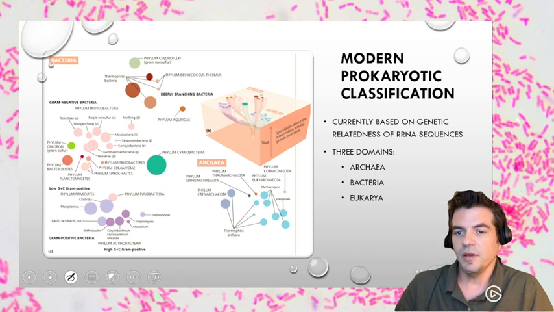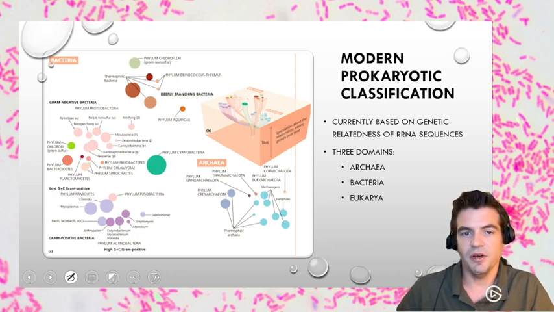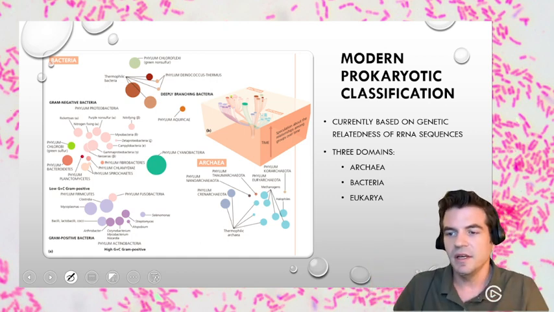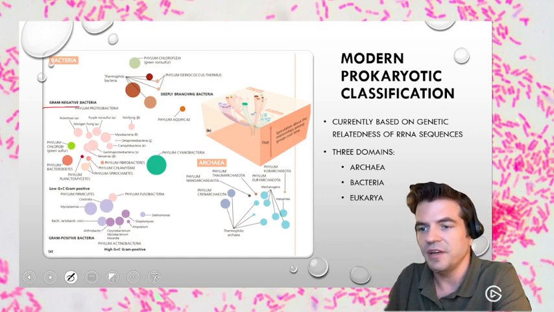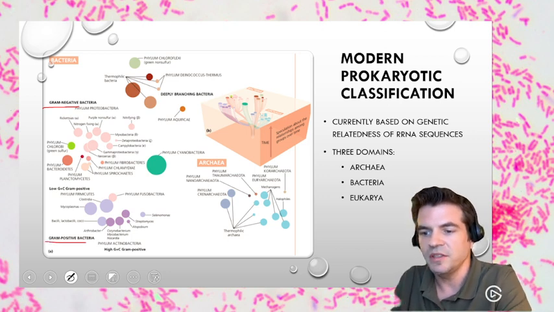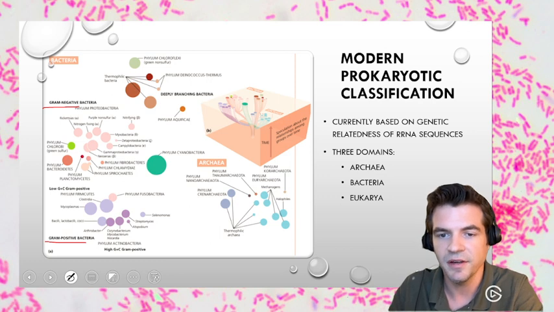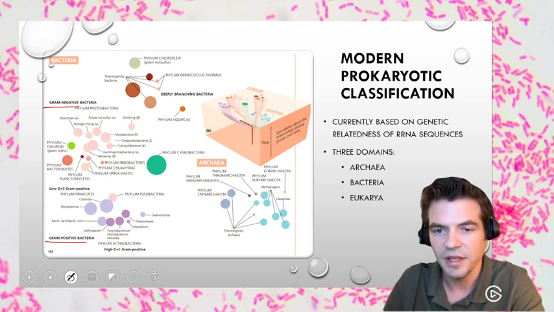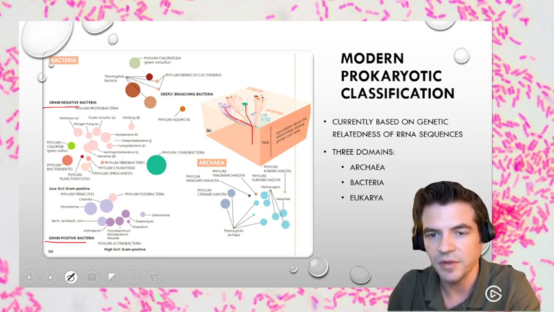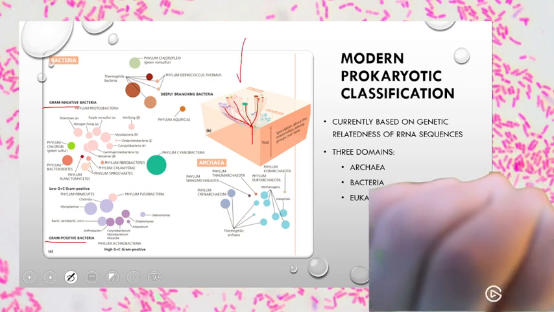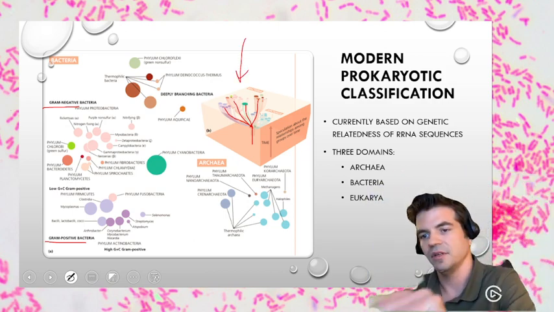And finally, we will end this video with the modern prokaryotic classification. Remember I said we kind of have them branching off everywhere? Well, we use gram-negative bacteria and we use gram-positive bacteria to sort these guys. Okay, and if you can see here, this tree of life is the bird's eye view of this tree right here. So we're looking down at the circles right here.